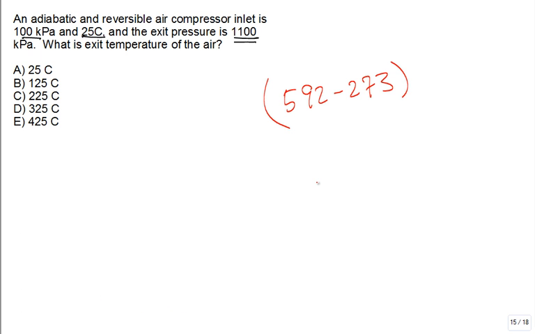Let me ask you this. If I put my hand on the water pump pipe, the pipe the water is exiting from, am I going to burn my hand? No, I'm not. If I put my hand on the pipe coming out of the air compressor, immediately right after the compressor, am I going to burn my hand?